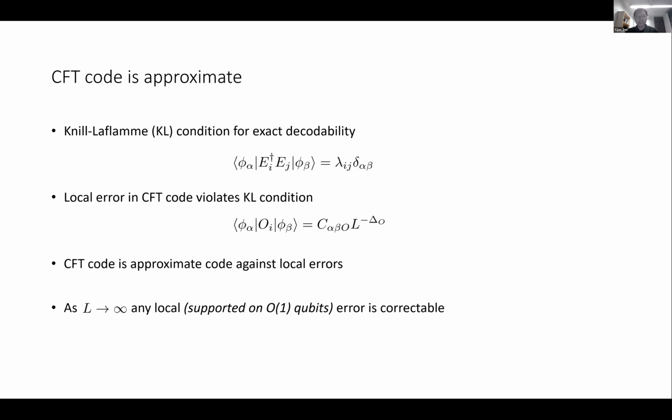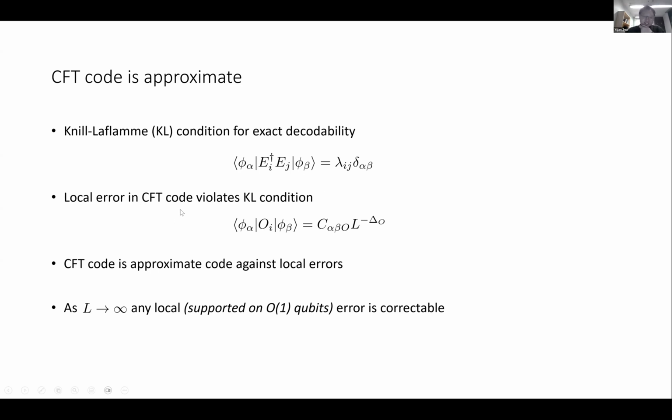You still want the state to be distinguishable from another state, phi alpha, which is contaminated by the error E_i. If these two states are not distinguishable from each other, then of course there's no way to distinguish phi alpha and phi beta after the noise, and there's no way to retrieve the logical information, right? So this is the condition for exact decodability.